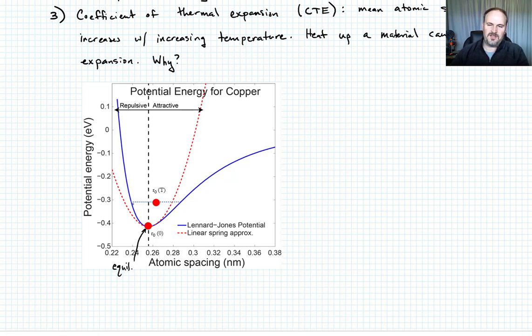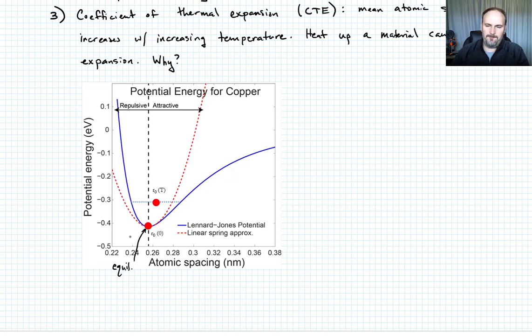So let's treat this blue curve as the real curve. But what you can see is that because the curve is asymmetric, right? It's steeper as the atomic spacing gets smaller and more shallow as it grows out, that if an atom bounces around at any particular energy level defined by the temperature, on average it spends a little bit more time in this region that's a little bit above R naught, right?